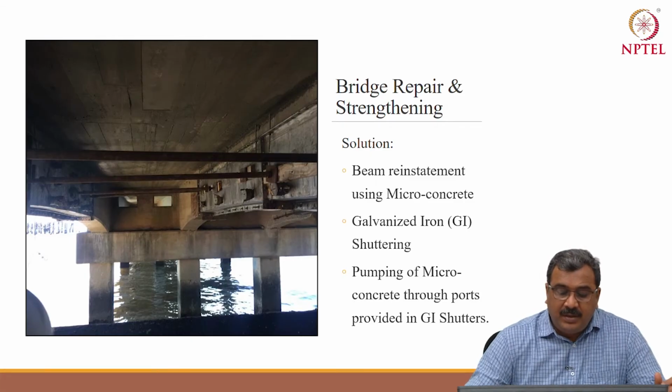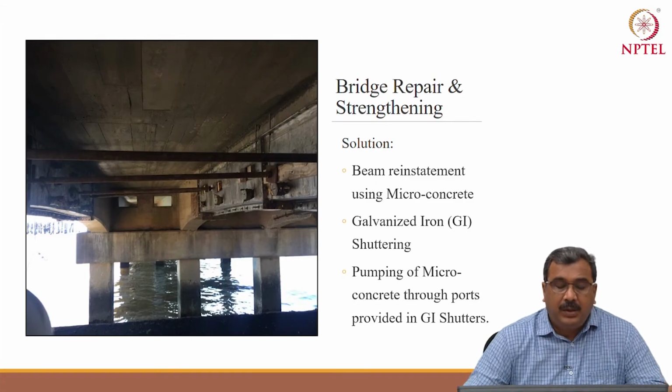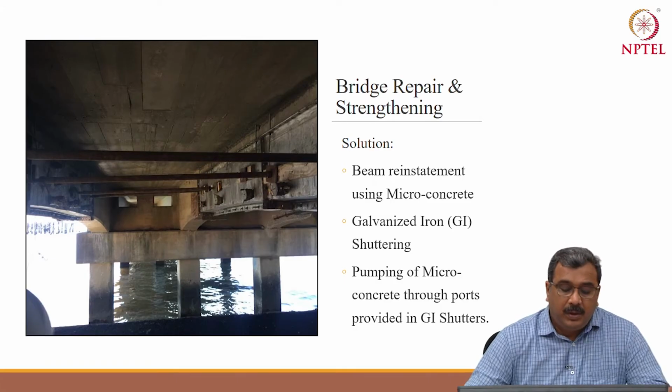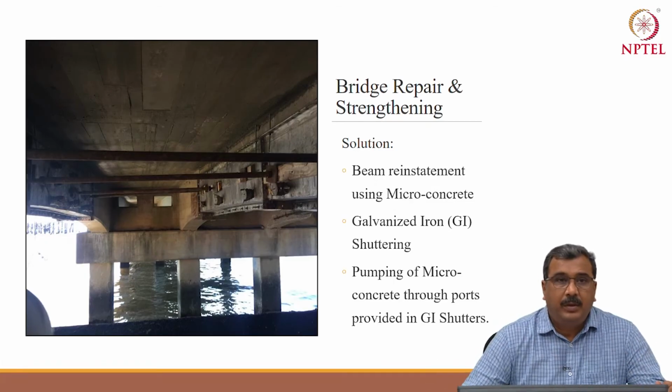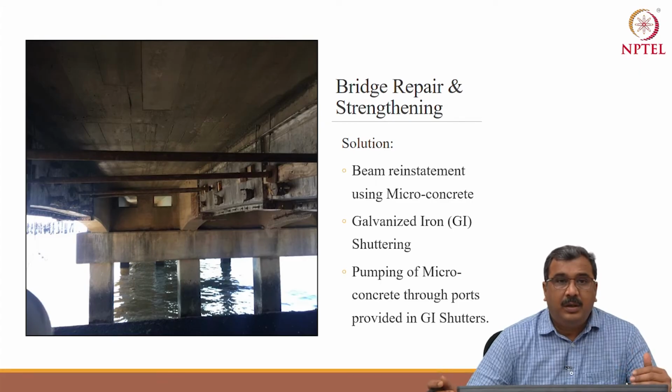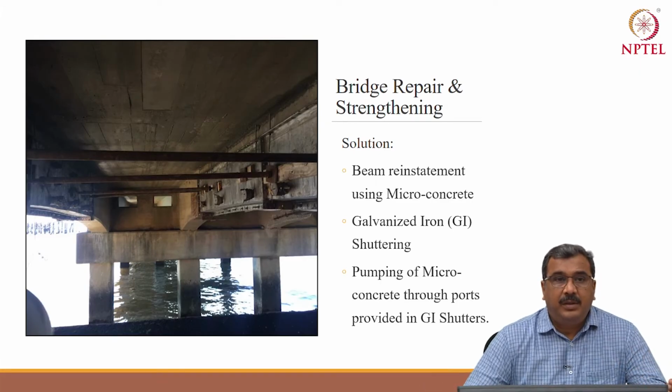So once it is filled, shutters are removed. It's good that all the spans were of the same size. So these galvanized iron shutters can be used for multiple spans.